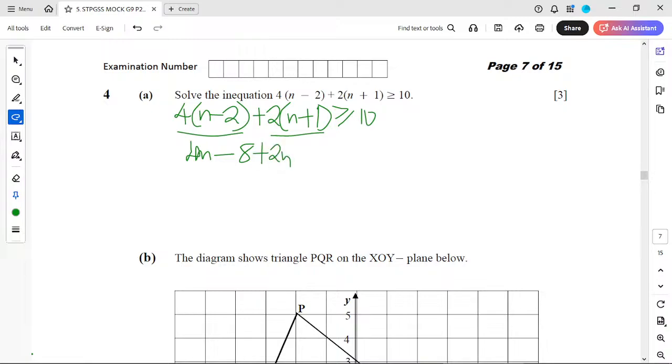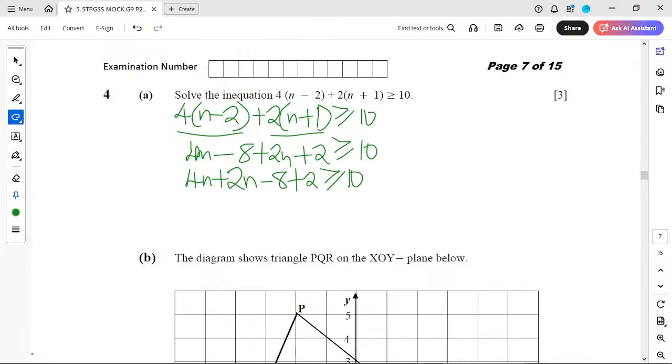Then 2 times 1 gives us positive 2. Which is greater or equal to 10. Now we put like terms together. We have 4n, then this one comes here and becomes plus 2n, then minus 8 plus 2 is greater or equal to 10, like that.